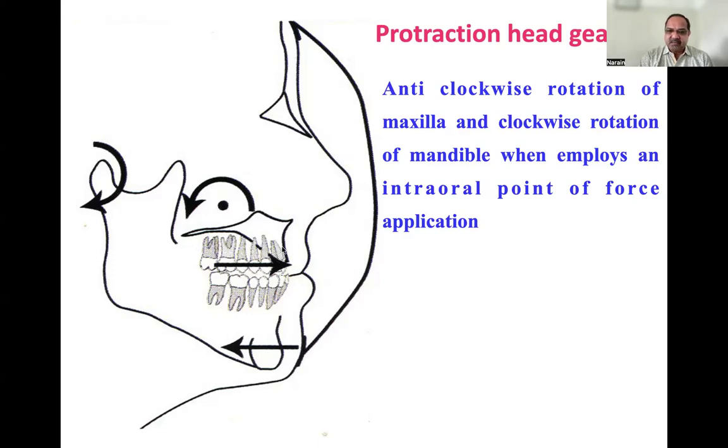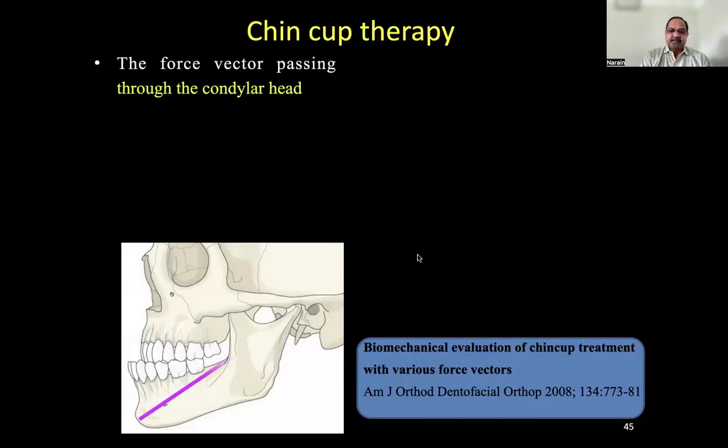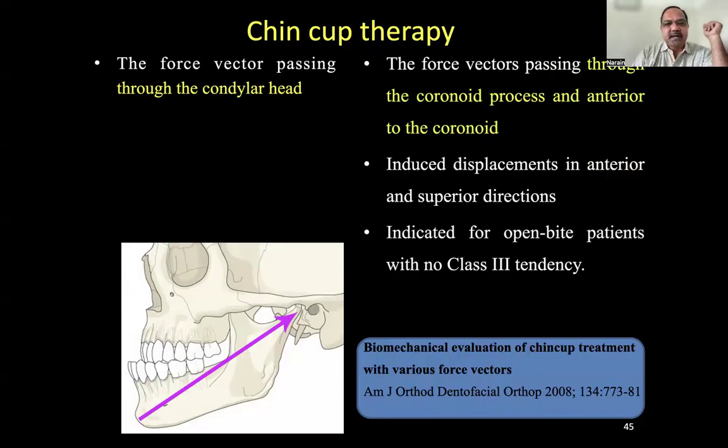So that is the reason why when you are giving a protraction headgear, you have to place the elastics in a forward and downward direction, almost at 30 degrees to the occlusal plane. Coming to chin cap therapy, when you're using a chin cap, if you want to restrict the mandibular growth, the force should travel through the condylar head.